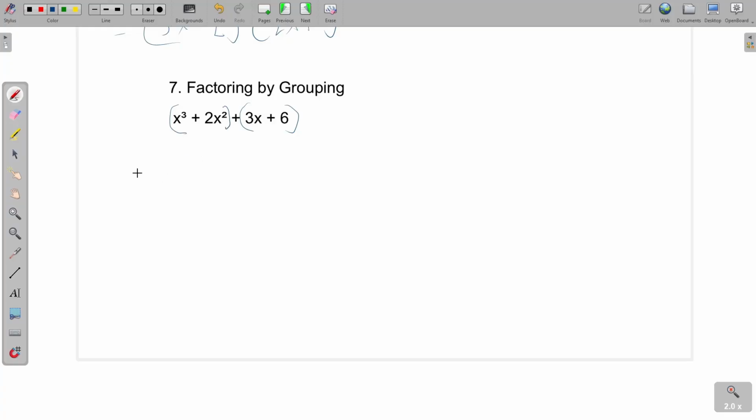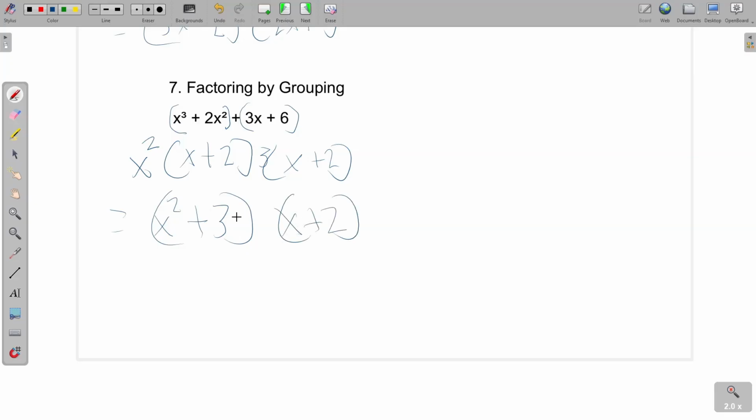You can pull out at least an x squared. The other side, no x that we can pull out, but we can pull out a 3. And then we're just left with an x plus 2. Factored version, this is a positive 3.